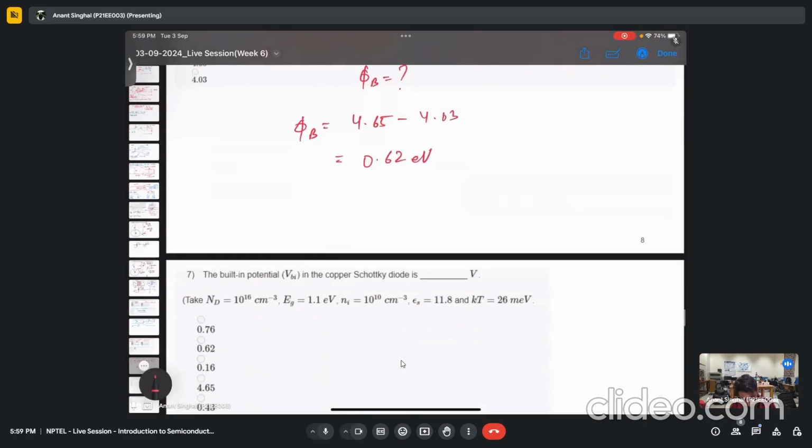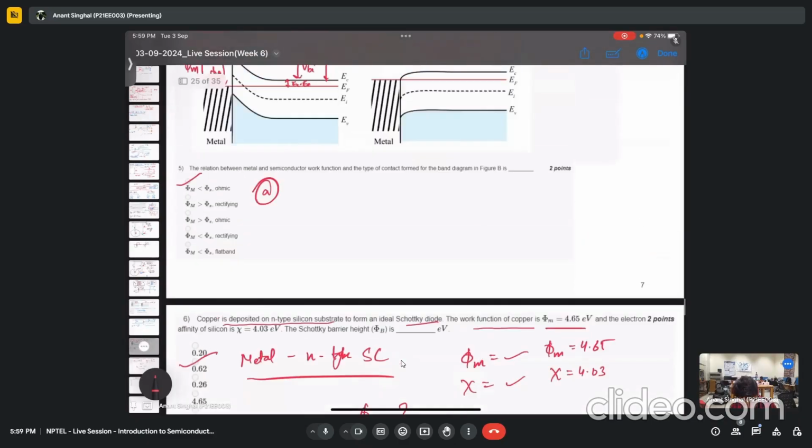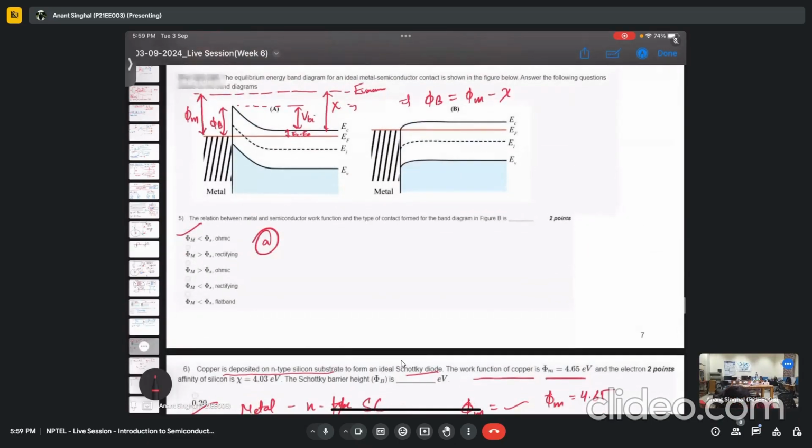So now we need to calculate VBI. So give it a try. Maybe I'll explain more. We need to calculate this VBI, right?